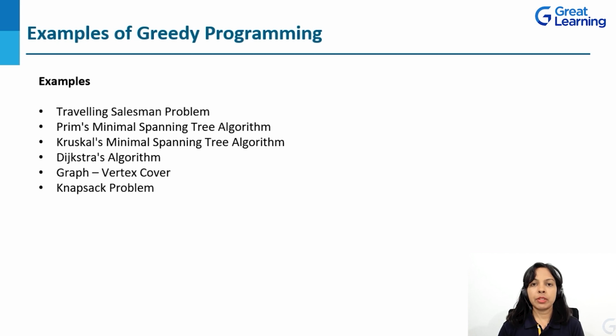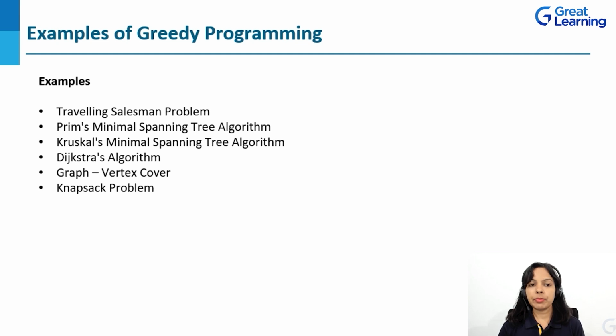It is a problem where a salesman has to visit every city in a cluster or group exactly once and return back to the original city. And the best route is found here, by solving it with the help of greedy programming.